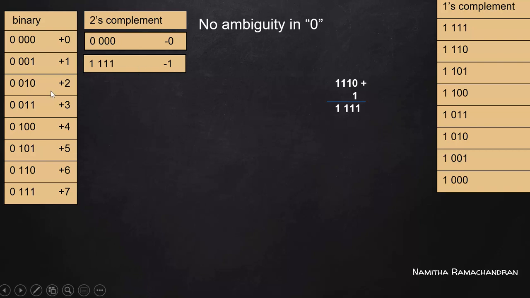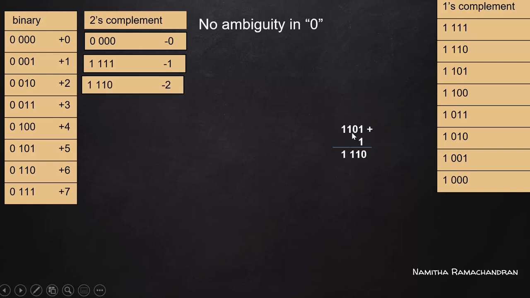Now we need to get the representation of -2 in 2's complemented form. For that, take the representation of positive 2 in 2's complemented form, then take its 2's complement. First get the 1's complemented form, then add a single 1 to it.